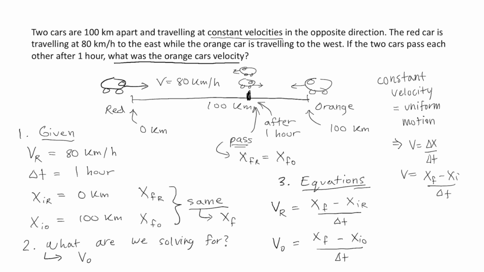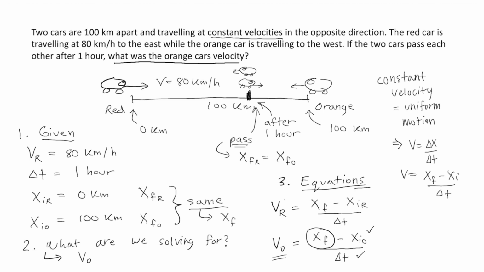Now that we have our two equations, let's think about our game plan for answering this question. We know we are solving for VO, the velocity of the orange car. Let's see what we have that we can use to plug into this equation to solve for VO. We know we have our initial position for the orange car, we have our delta t, but we don't have the final position for the orange car.